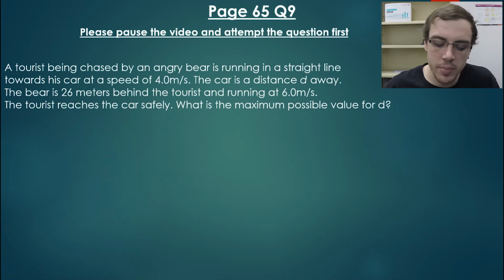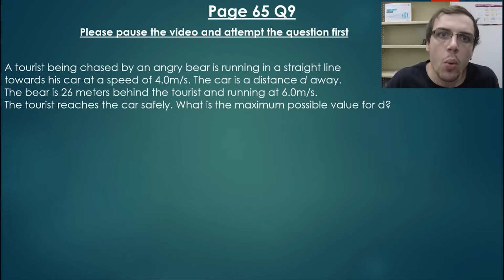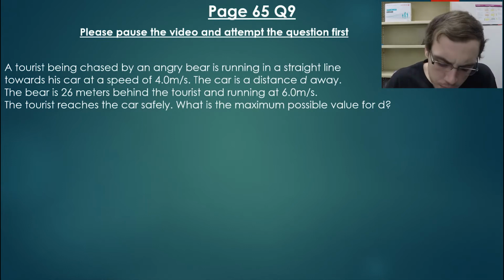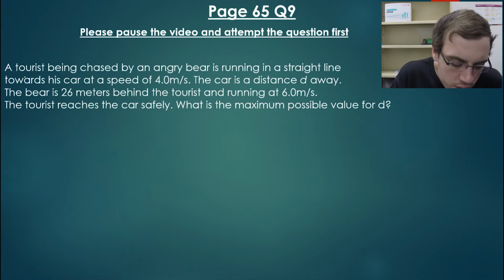The first one is on page 65, question 9. The big thing with this question is being able to interpret it and understand: here's the question, what are we being asked, what are we being given, what's the link? We have a tourist being chased down by an angry bear, running in a straight line towards his car at a speed of 4.0 meters per second.